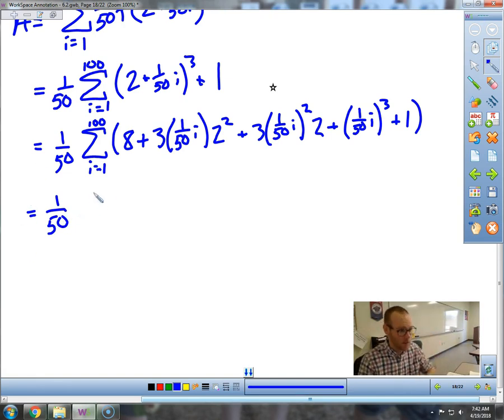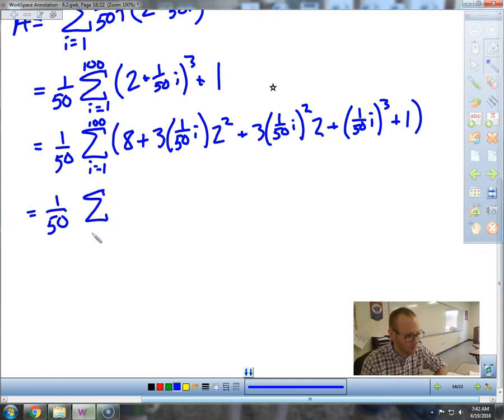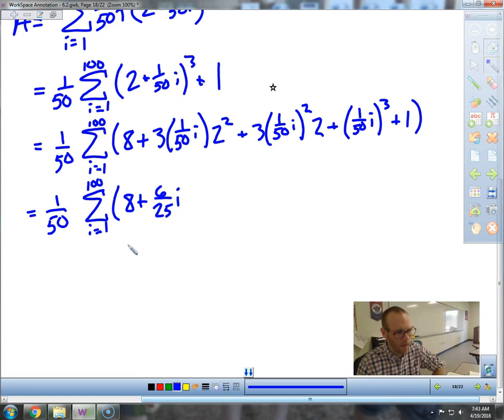1/50th times the sum from i equals 1 to 100 of 8 plus, okay, I have 2 squared, which is 4. I have 12/50ths, right? 4 times 3 is 12 over 50. 12 over 50 would be 6/25ths i. Plus, let's see here, I'd have a 6.